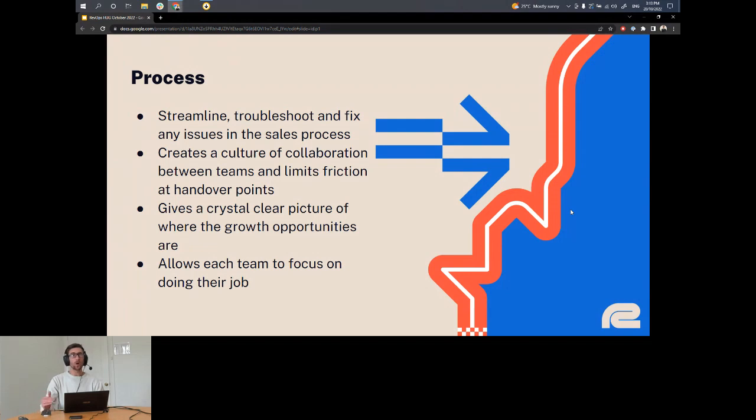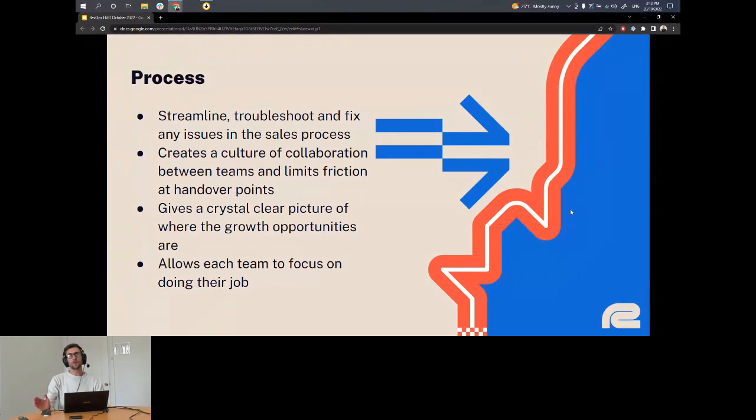Internally, you need well-defined procedures that will provide a good experience for the customer and easy interactions across departments, so that it limits the friction at handover points. You want teams to know what the whole customer journey looks like, and you want them to collaborate to limit friction at those handover points.